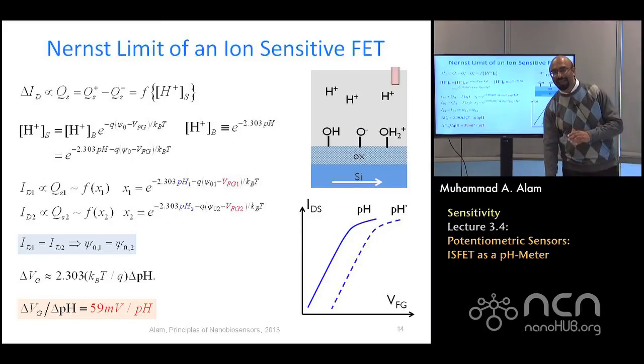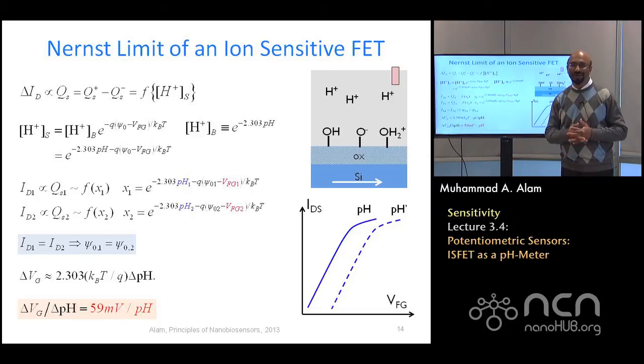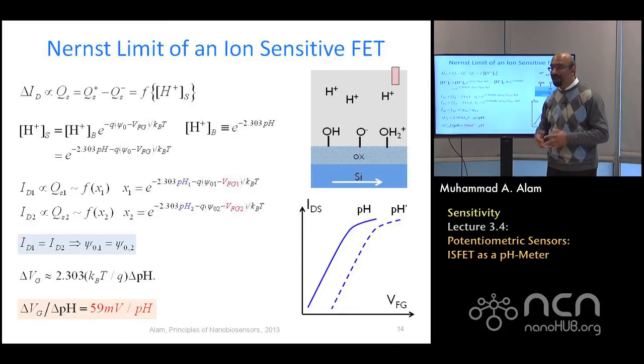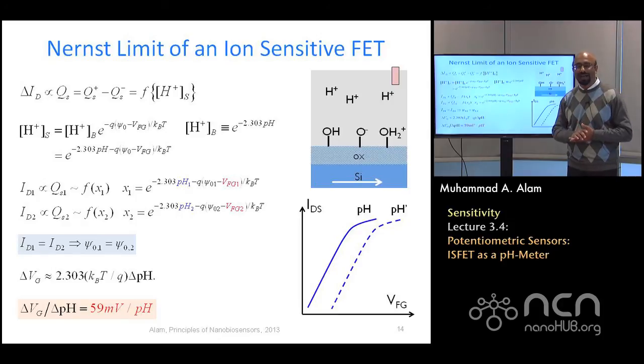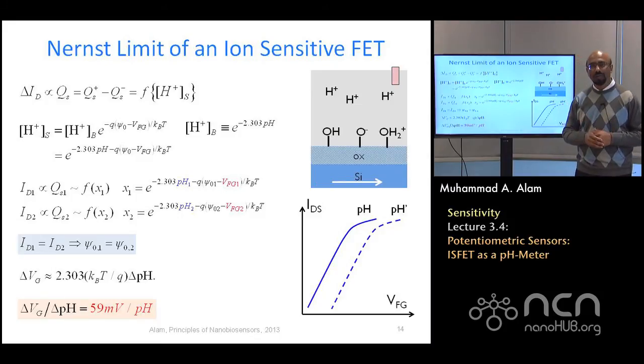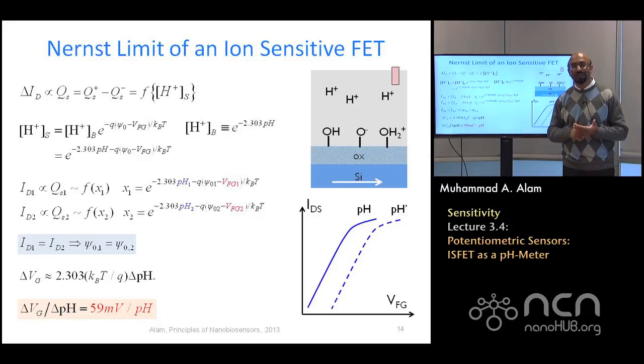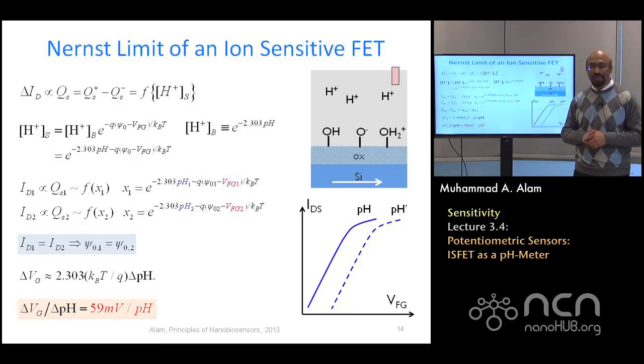Now, you see immediately there is a problem. Do you see the problem? It's one thing with orange juice, where the pH can change maybe 1 or 2, and therefore you may have a 100 millivolt shift in the gate voltage, and it's easy to measure a 100 millivolt shift. But think about a human being. In a human being, the pH range is 7.35 to 7.45, a 0.1 pH change.